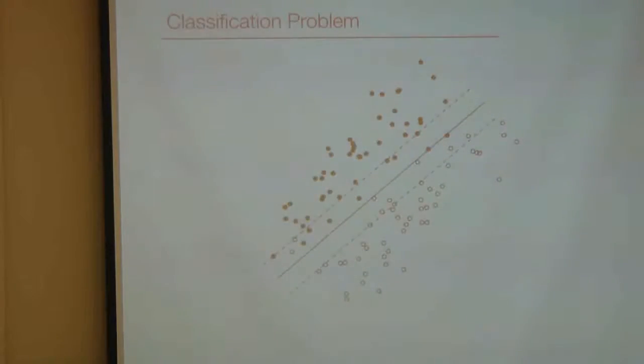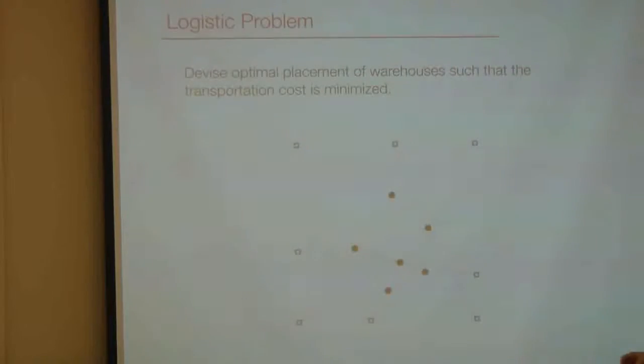Classification problem is a slight modification of the separation problem, so I will leave it for the separate lecture then. Another type of problems which include optimization with inequalities are so-called logistic problems.